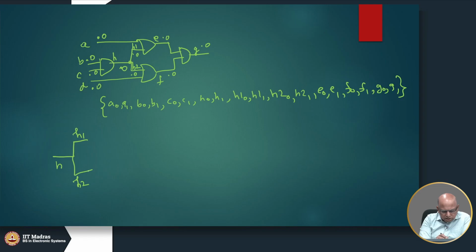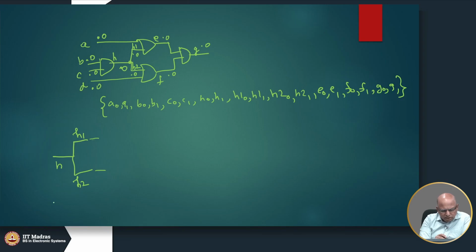See, it is possible that there is a wire, this may have become open circuited, but there is no problem here. So, H2 behaving like a stuck at 0 because of the open may not impact H1 and H at all. Similarly, H1 may get short circuited with something, or it may become open, but the other part of the circuit is okay.